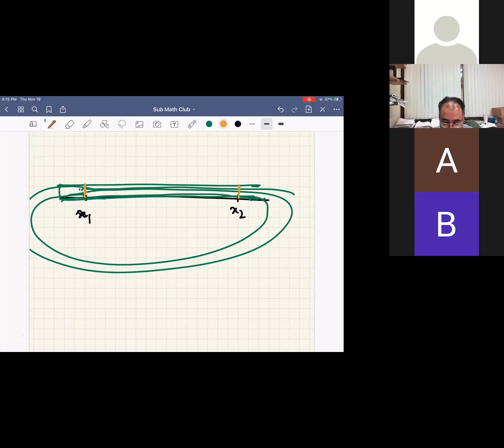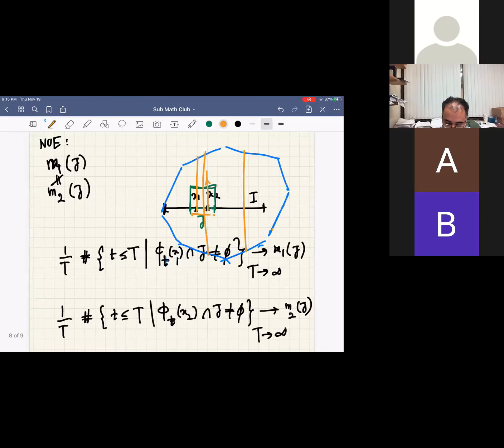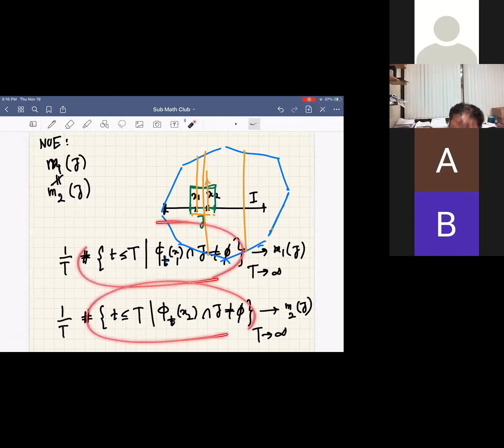And now when we look at this picture, it's clear that this green horizontal flow intersects both of these short vertical things essentially the same number of times. Which means that these two numbers which we wrote here, let me just show it, these two are essentially the same.